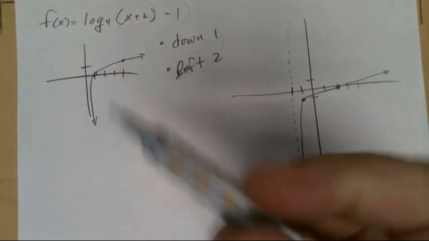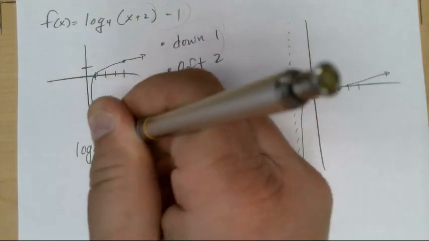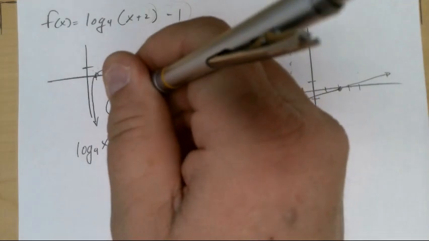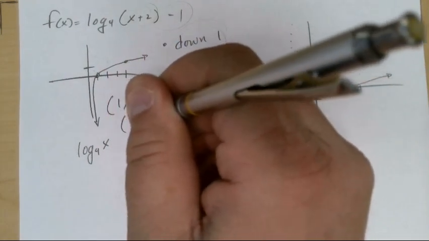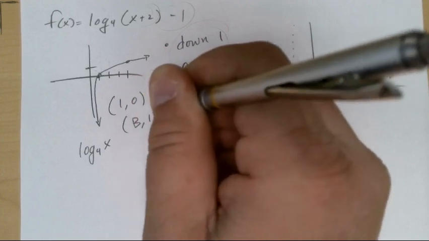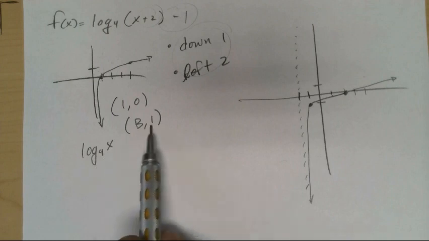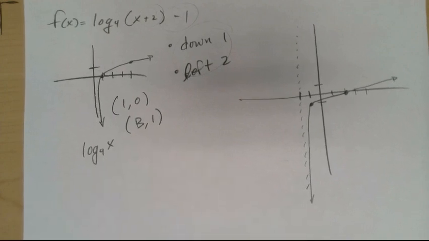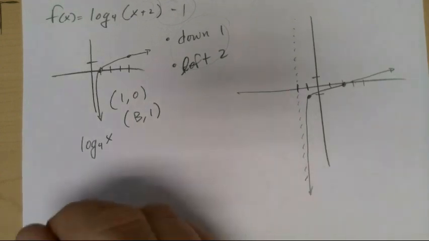Now, I know that every logarithmic graph, just a basic log base 4 of x, is going to go through the point 1, 0. It's also going to go through the point whatever its base is, 1. So 4, 1. Now, the x-intercept.